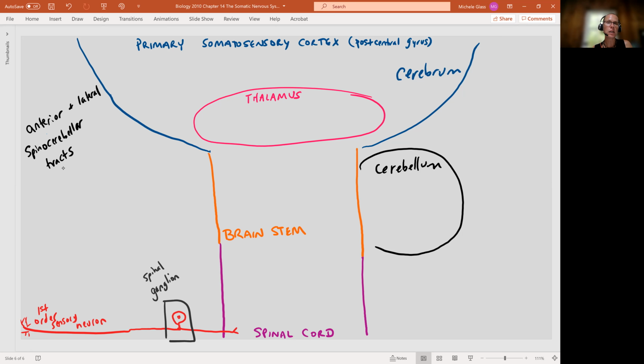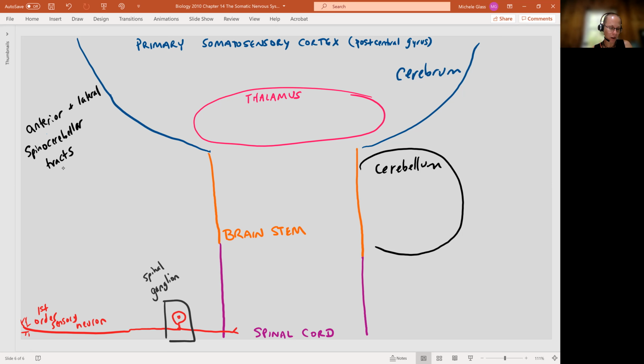And we do see some key differences here in whether it comes in and crosses immediately or it decussates after it crosses in. Some of this information decussates and some of it doesn't, is what we'll see actually.